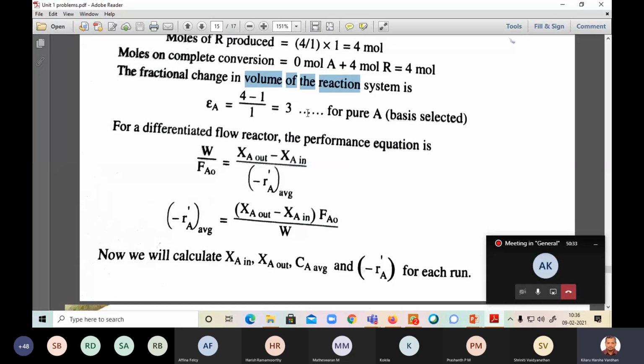With that, I complete this first unit. In the next class, we'll discuss whatever difficulties you are having. If you are not having difficulties, then we can go for the second unit, especially what a catalyst is, how to prepare a catalyst, and the ways of preparing the catalyst.